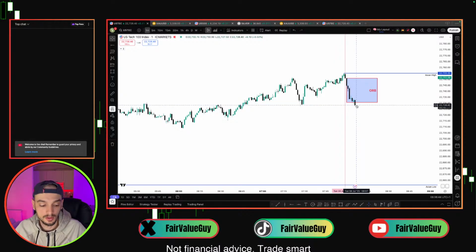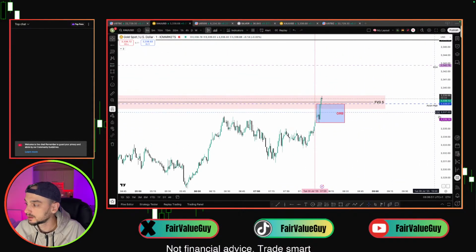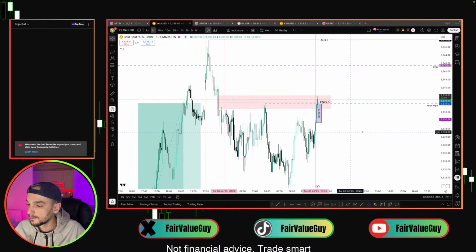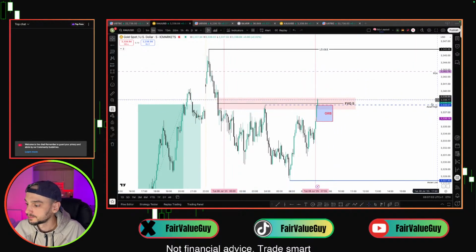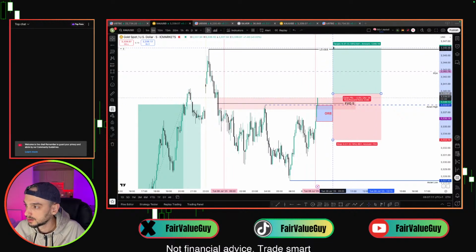Maybe candle will break below here. Okay, I like what I see. If everything is according to plan and we have 15-minute ORB, close above, retest, this will be our target.